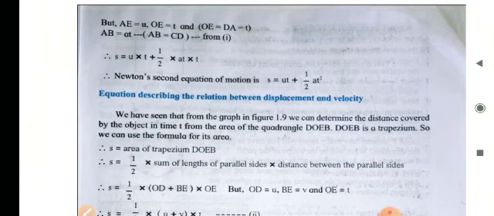Thus, we can say that s is equal to u into t plus half into at into t. Here, u is AE, t is OE, at is AB and t is DA. Therefore, Newton's second equation of motion is s is equal to ut plus half at square. So, derive this equation also, practice it.